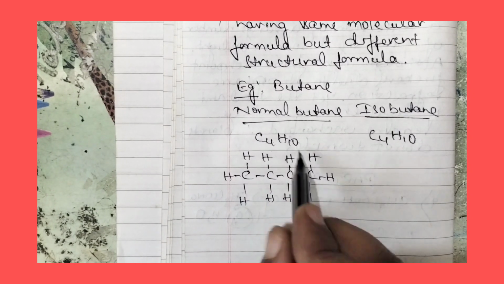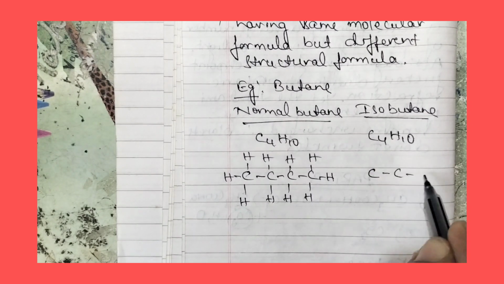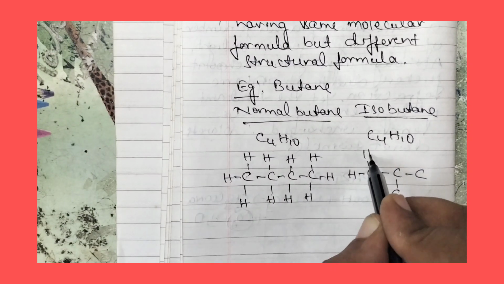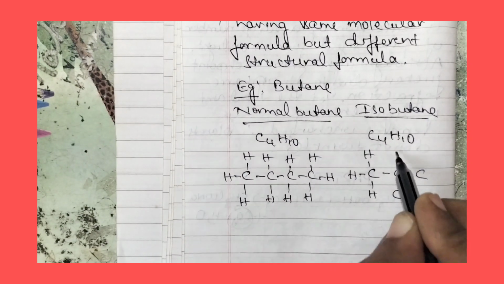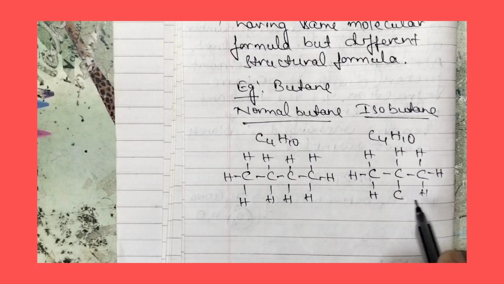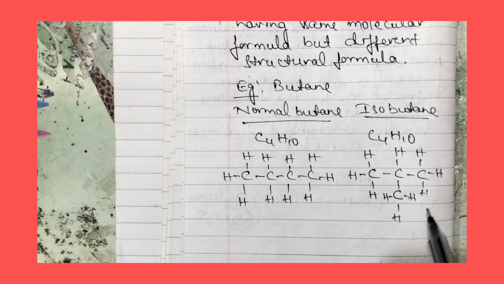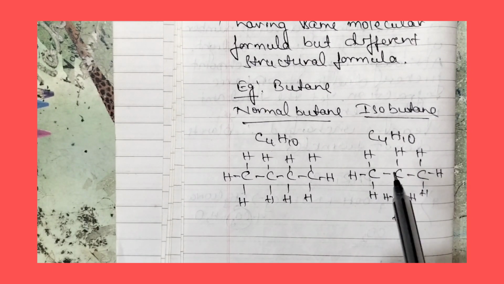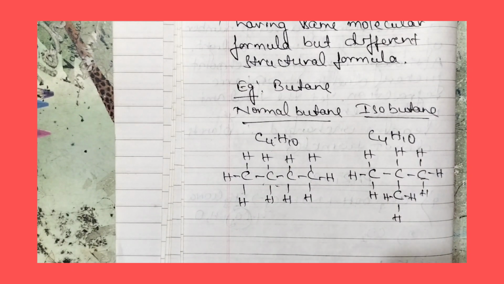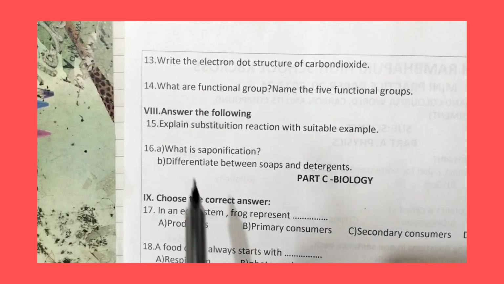This is the structural formula for normal butane. Then for isobutane, this is the structural formula, having the same molecular formula but different structural formula. This is called isomers.